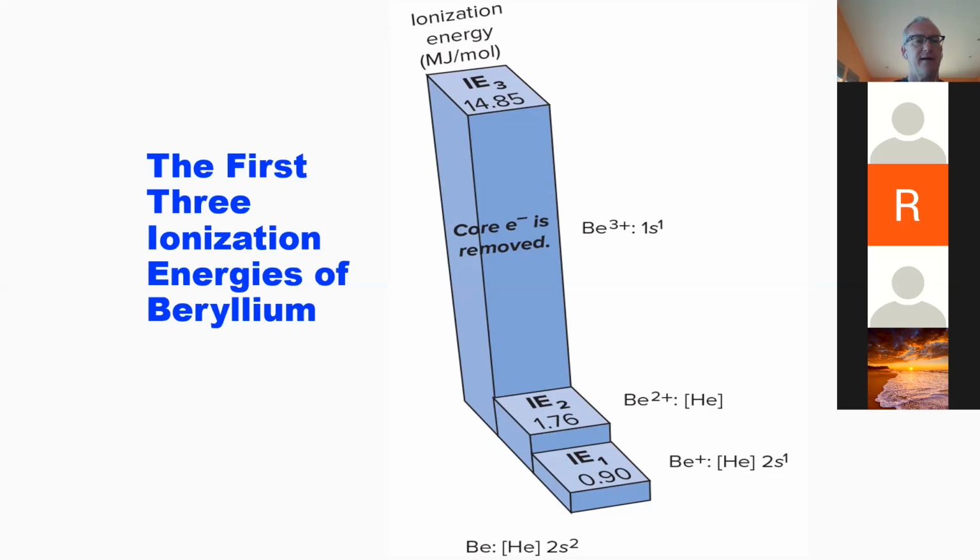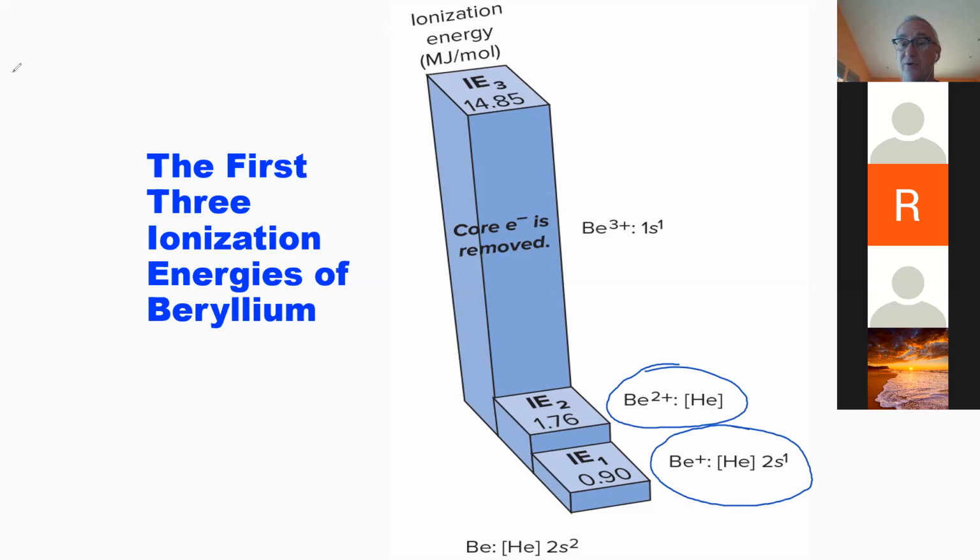You can see that the first two are really easy to remove. It takes only 0.9 kilojoules per mole to get rid of the first one. The second one, only 1.76, so slightly less than twice as much.